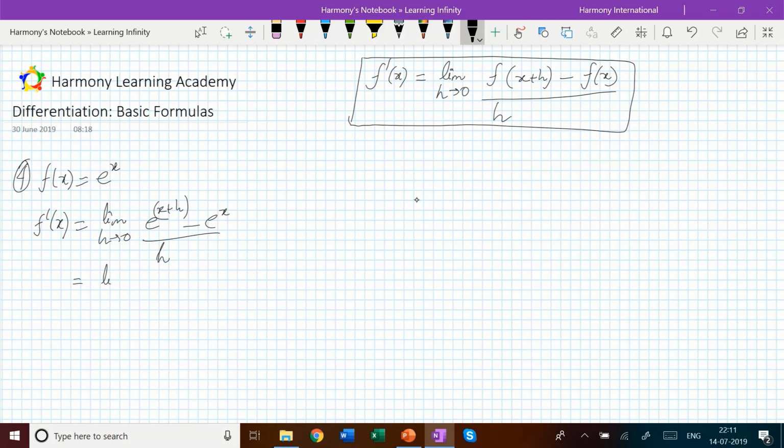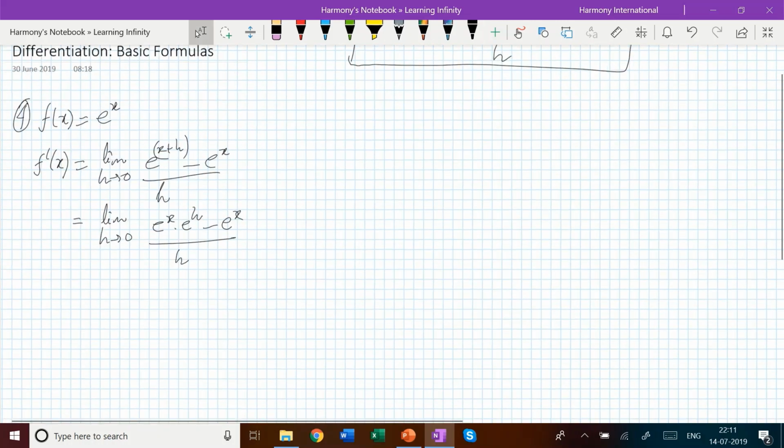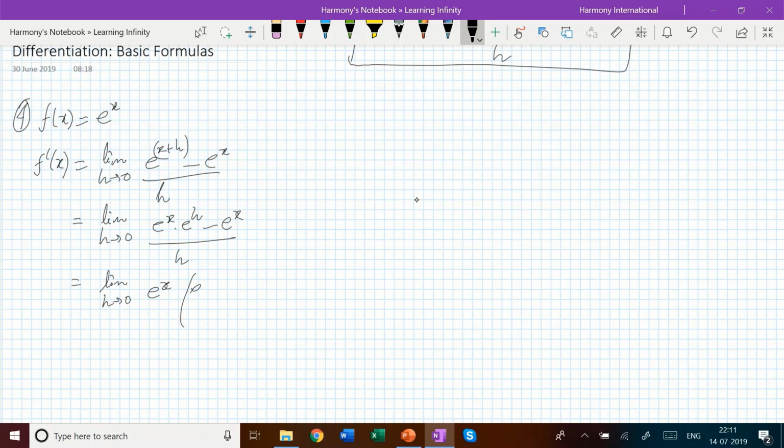So we can write limit h tends to 0 of e to the power x into e to the power h minus e to the power x, by h. So it will be limit h tends to 0 of e to the power x times e to the power h minus 1, by h.